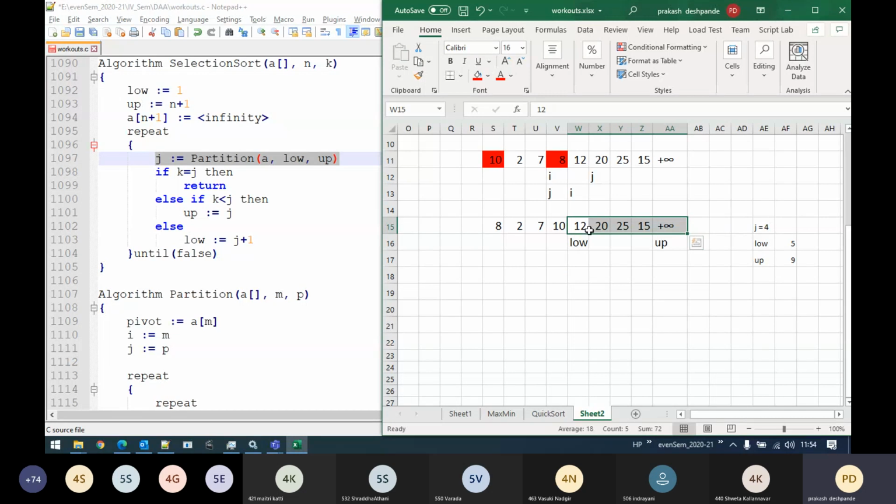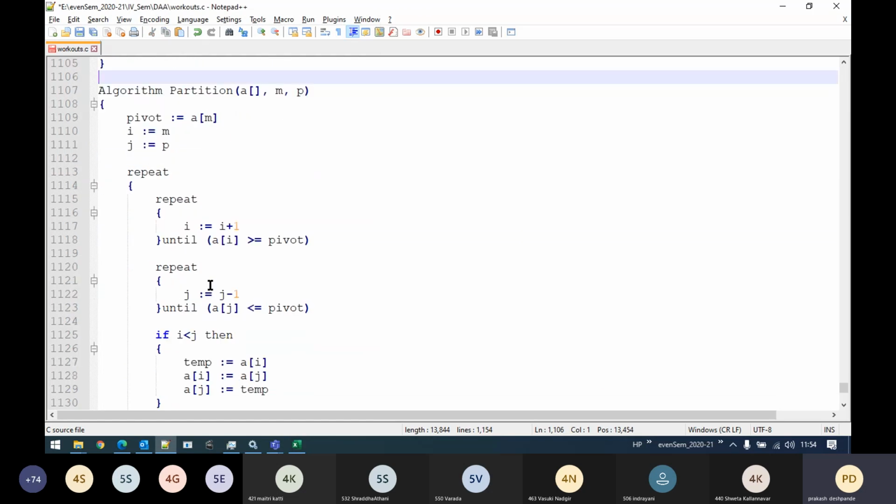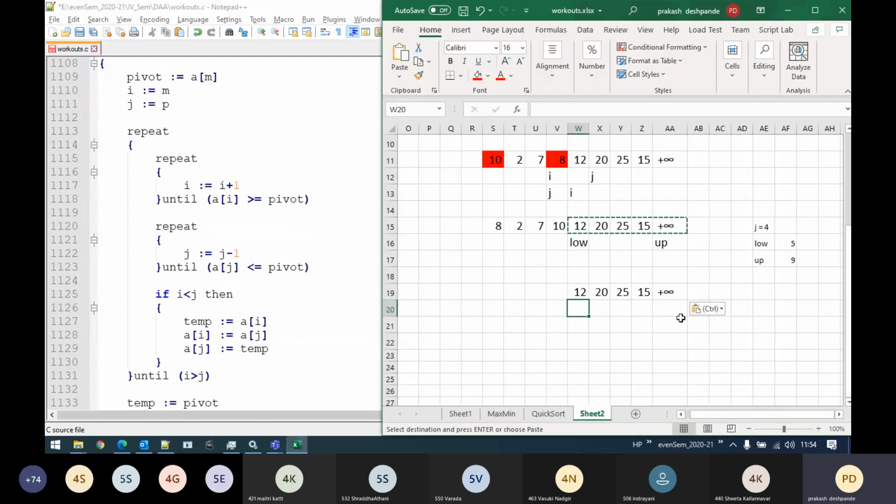Now let us take these elements and try to figure out which is the best possible value that can be positioned at the proper sixth position. Again, how it works, we have the same procedure. We will take the pivot. Pivot is actually nothing but m. So m is 5 itself. Then we have p, which is nothing but the up value, that is 9.